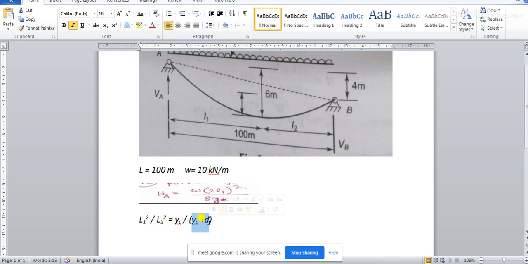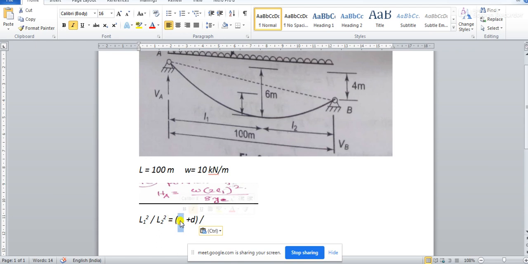Otherwise your problem will go wrong, because in this case the support is in the reverse direction. When your support is at a higher level, the length from that portion will be larger. So the formula in this case will be reversed. You should write this formula in this way: YC plus D divided by YC.